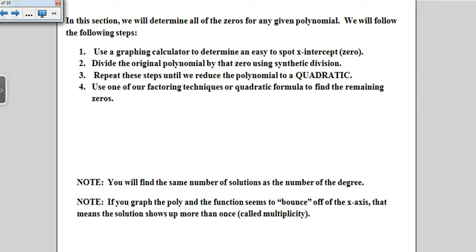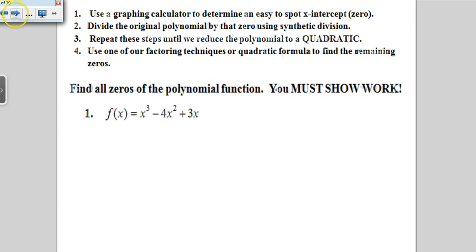When you go to college algebra, you'll see cases where it has even versus odd multiplicity, or more complicated multiplicity than what we're going to see. But in our class in Algebra 2, we're just going to concentrate on multiplicity of 2. So let's see how this works.